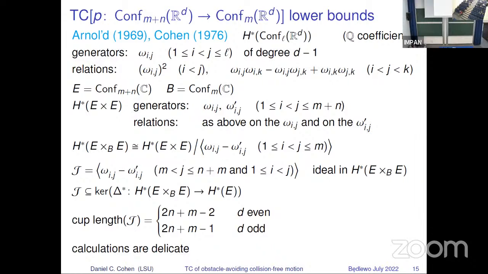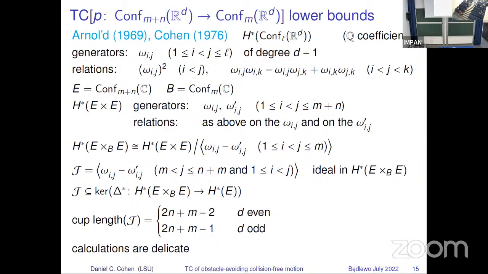Once you have your hands on the cohomology of E cross E over B, you can study this map induced by the diagonal. And inside the kernel of the map induced by the diagonal is this ideal generated by homogeneous classes, where you take a robot-robot interaction in the first variable and a robot-robot interaction in the second variable and make their difference. Or an obstacle-robot interaction first and second and make their difference.